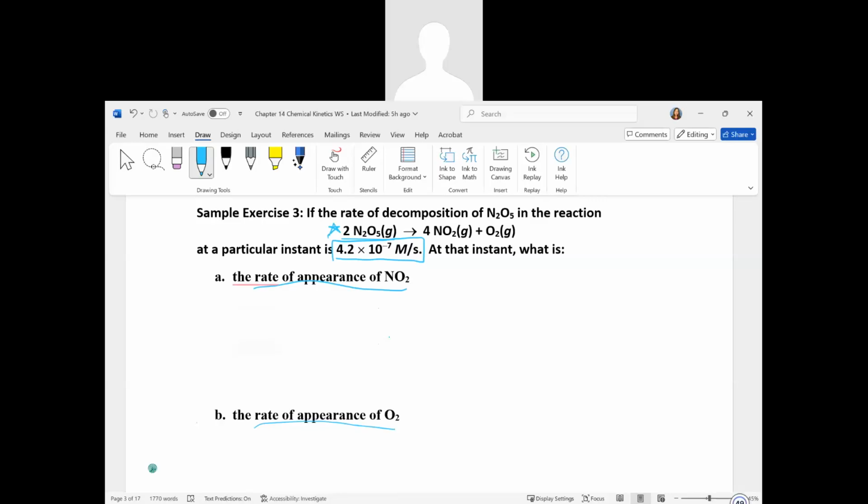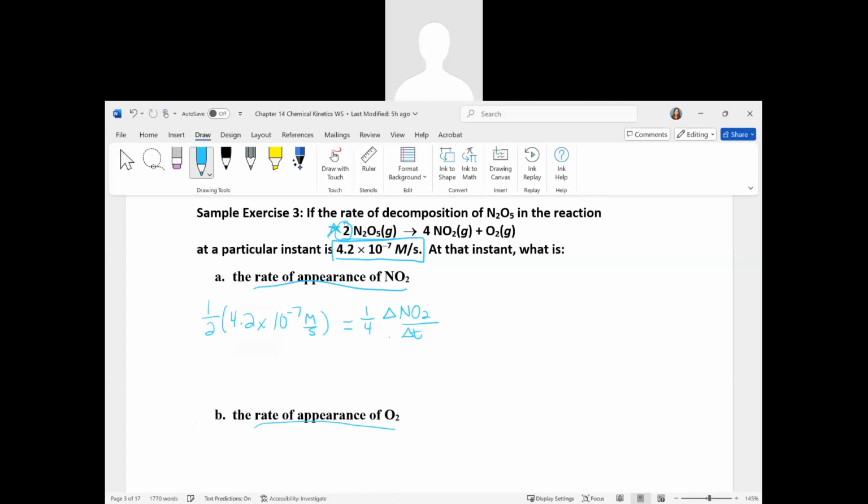Let's see what values we need. The coefficient here is a 2, so I'm going to have 1/2, and then I'll plug in the rate that's given, 4.2 times 10 to the negative 7 molar per second. I'm going to set that equal to 1/4, and this is going to be the positive change because this is a rate of appearance of NO2 over time.